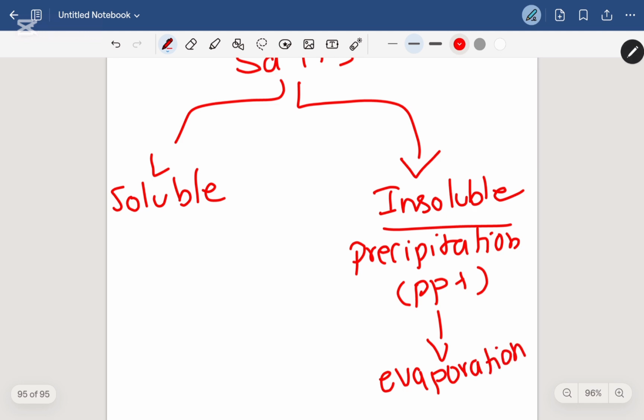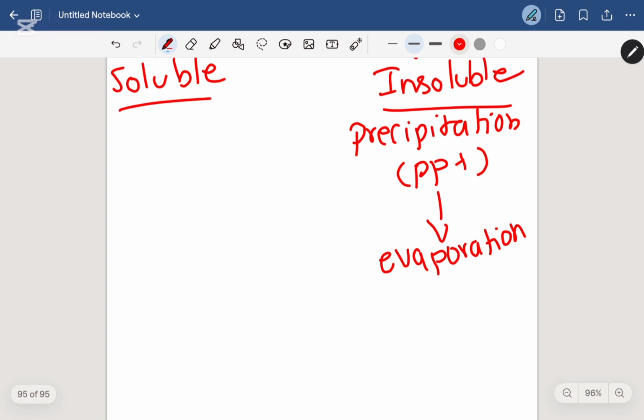However, for the soluble salts you have two methods. Method 1, if you are talking about the cations Na+, K+, or NH4+, if you are talking about any of these three cations, then you are going to be using titration.